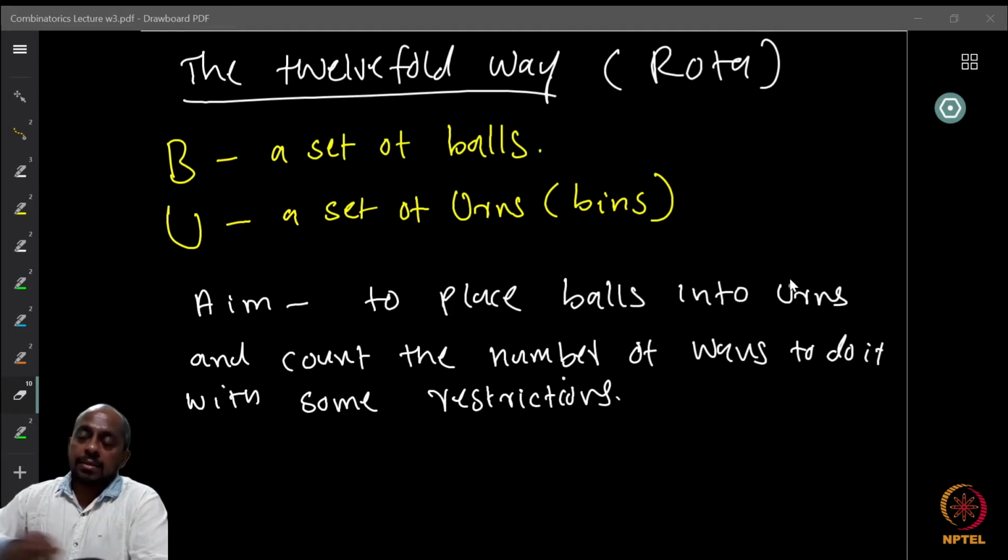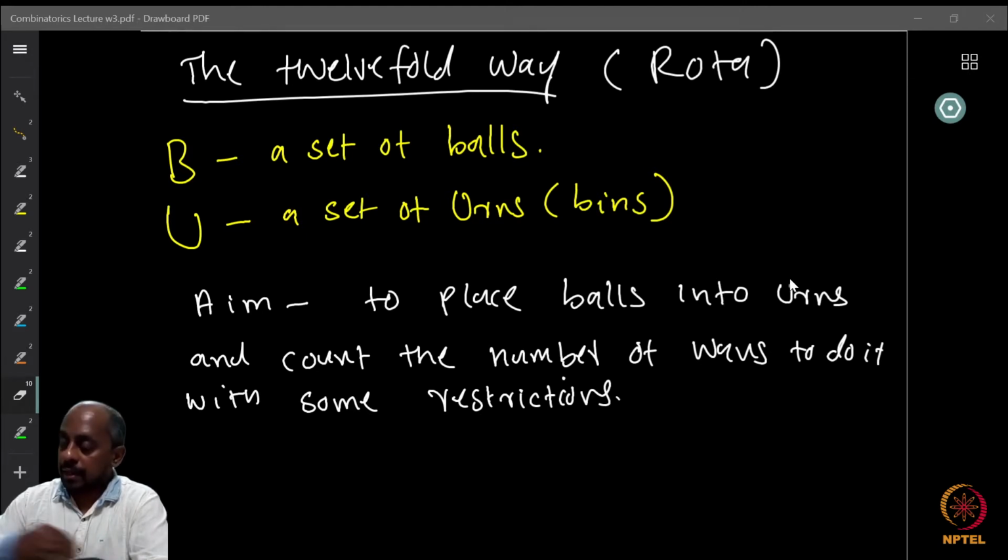This particular way of looking at several counting problems in the same framework, at least to us as far as is known, was introduced by Giancarlo Rota, who was the advisor of Stanley, and Stanley has written about this in detail in his work, and we are going to just look at that.